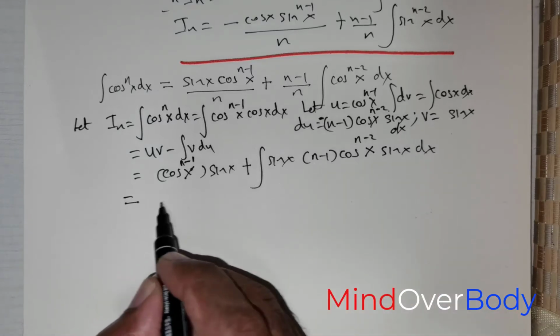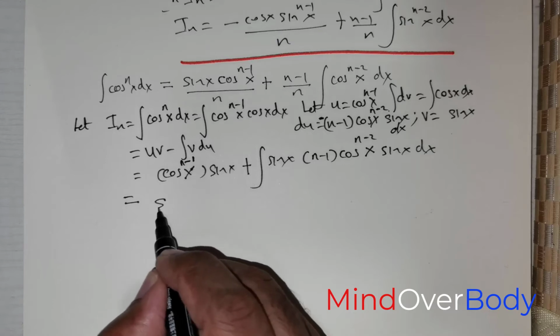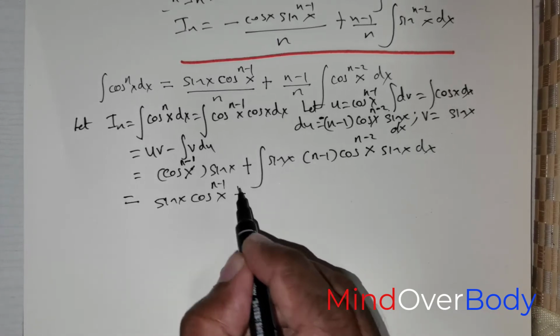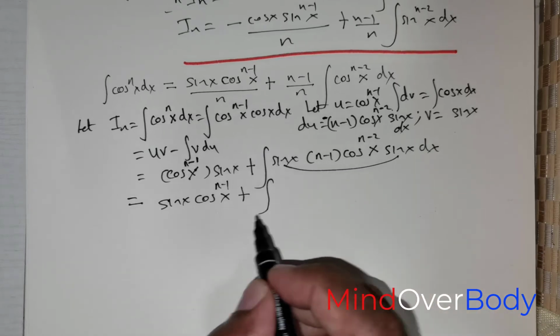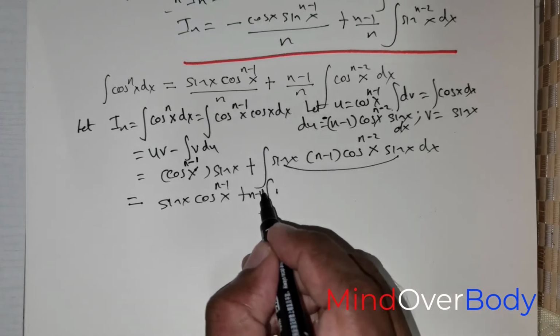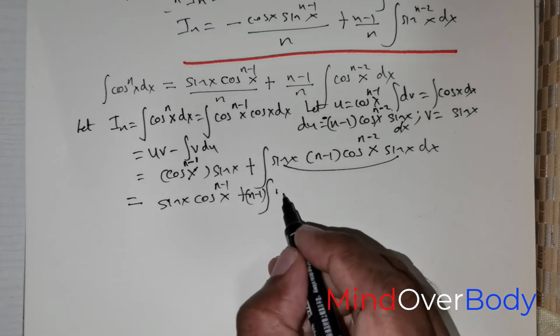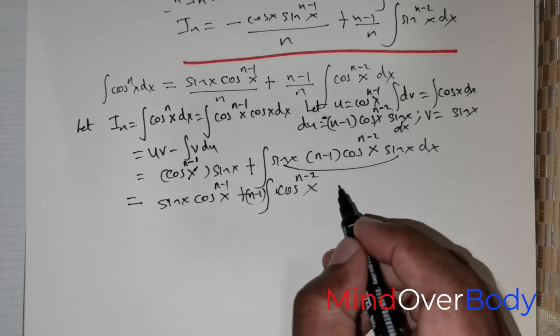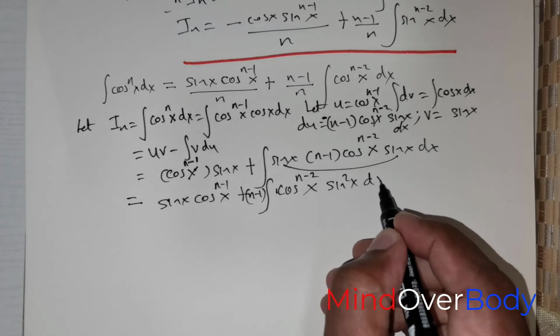Now this can be further rewritten as sine x times cos raised to the power of n negative 1 x positive, sine x into sine x can be multiplied, so I get n negative 1, I can take it out, and I have cos raised to the power of n negative 2 times x times sine squared x times dx.